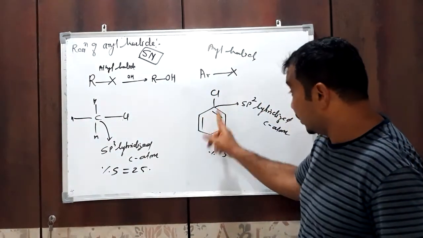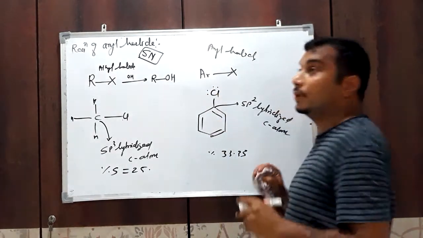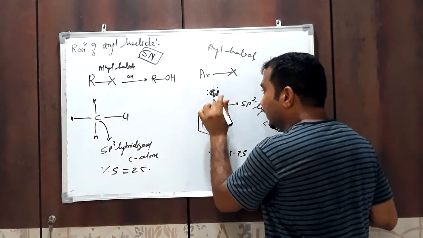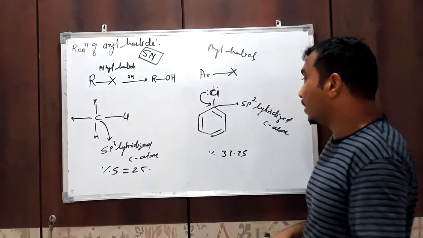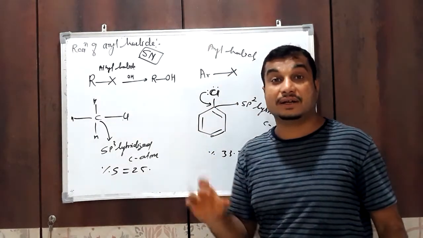But in case of aryl halide, the halogen atom possesses a lone pair of electrons, and that halogen atom is directly attached to the ring, so there is a possibility of resonance. That's why this carbon halogen bond gains double bond character.